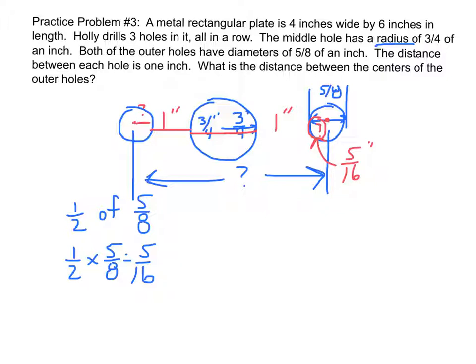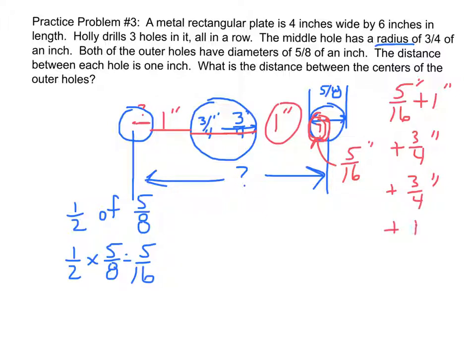So now all I need to do is add up all the numbers that I have. I have 5/16 for this radius. Then I have 1 inch. Then I have 3/4 of an inch. Then I have another 3/4 of an inch. Then I have 1 inch. And then this radius is also going to be 5/16 of an inch.